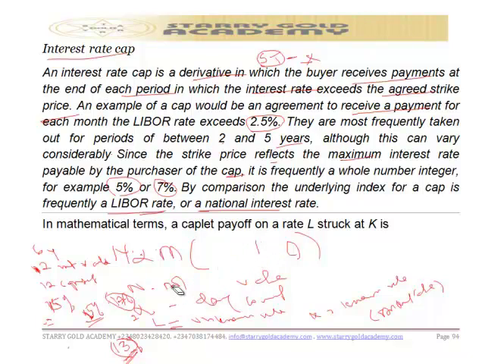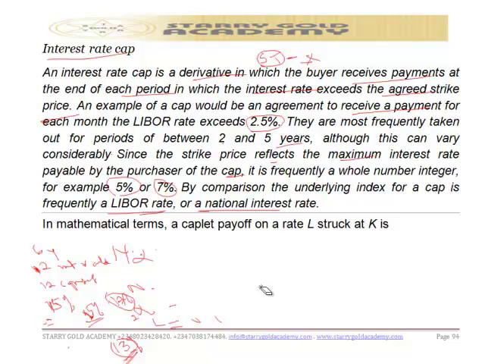The illustration says, suppose in January 2007 you hold a caplet on 6-month US Libor with an expiry of 1st February 2007, struck at 2.5%. What this is saying is that you want to be receiving 2.5% on the notional principal of $1 million.